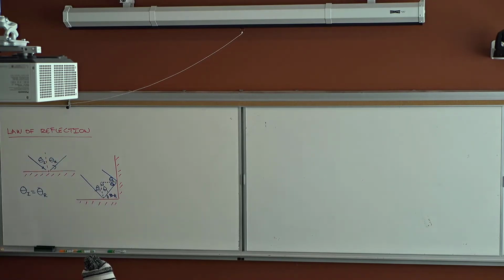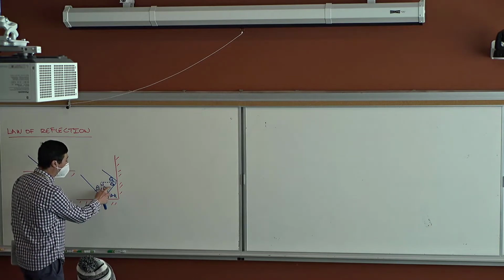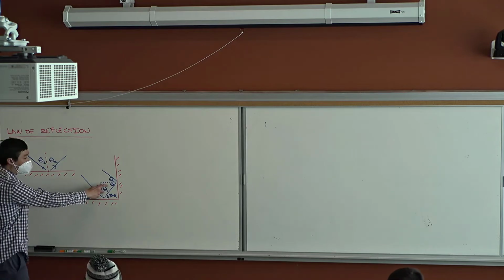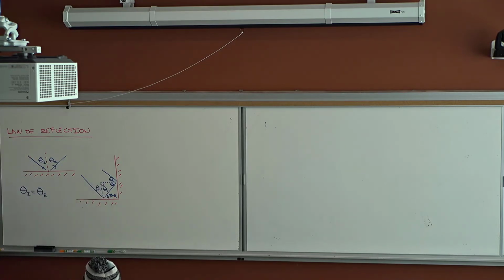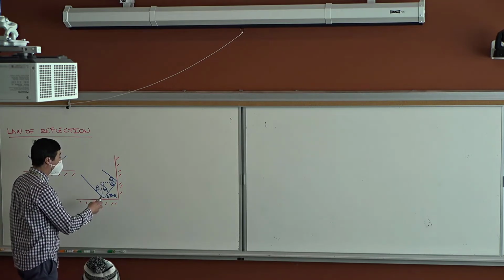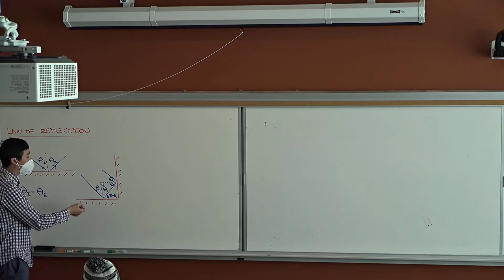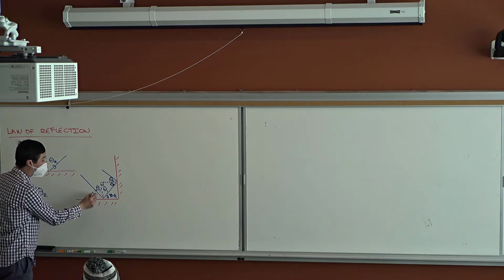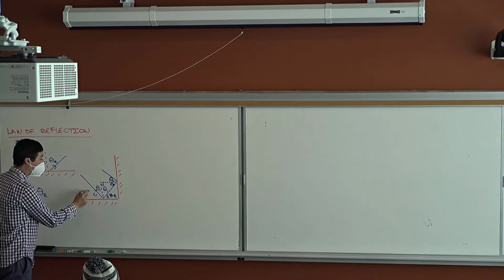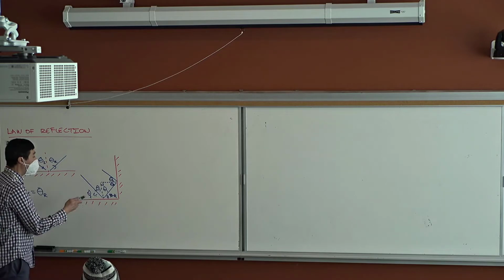But what else can I say about theta 2? Well, note that it's equal to 90 minus theta 1. So what is this angle? 90 minus theta 1. It's also theta 2 or 90 minus theta 1, right? So what?